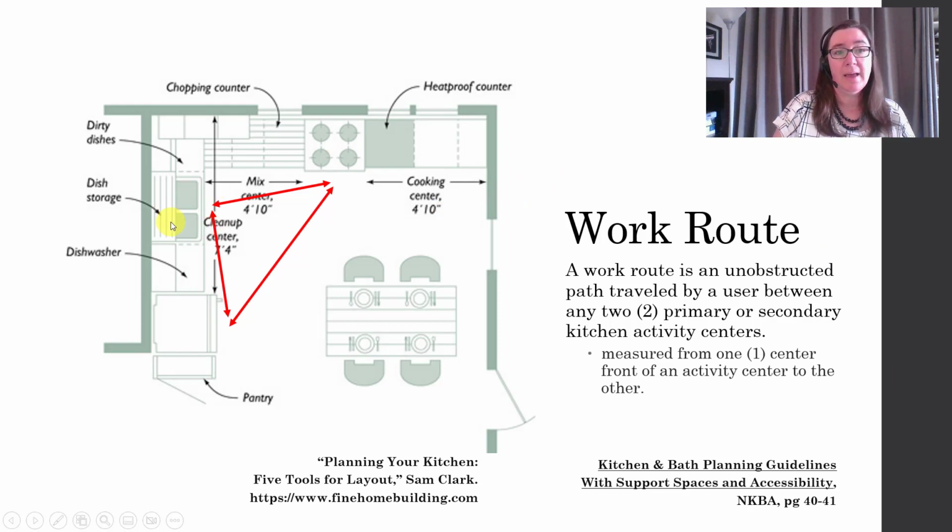We've got cooking and sink and refrigerator. And so these red arrows here, each of these would represent a work route. We've got a work route from the sink to the stove and back again, a work route from the stove to the refrigerator and back again, and a work route from the sink to the refrigerator.